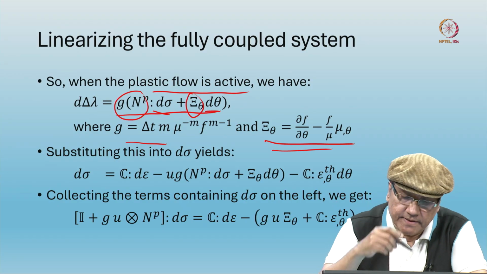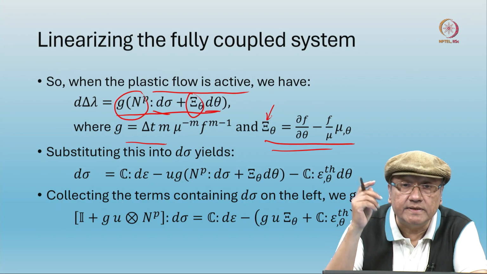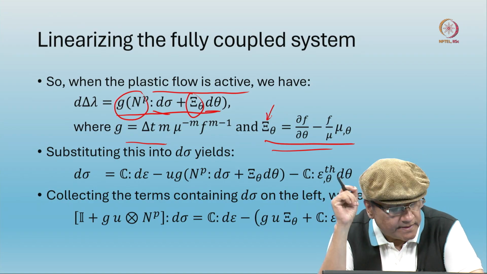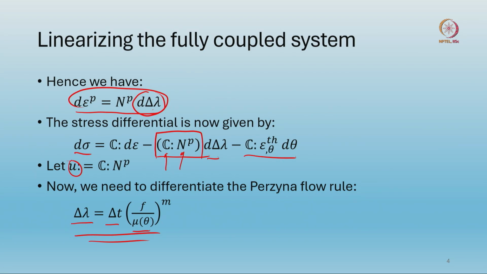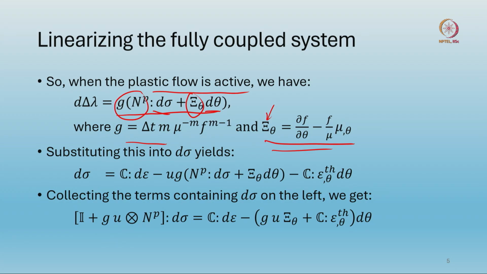This is basically the cap z, cap xi or cap z. Okay. Now, substituting this into the expression for d sigma, because you remember that d sigma had this d delta lambda. So we have now an expression for d delta lambda in terms of d sigma and d theta. So let us substitute to get this expression for d sigma.